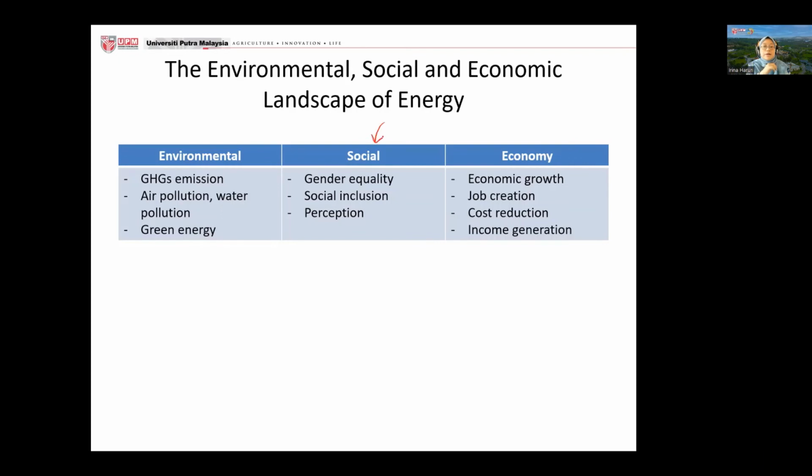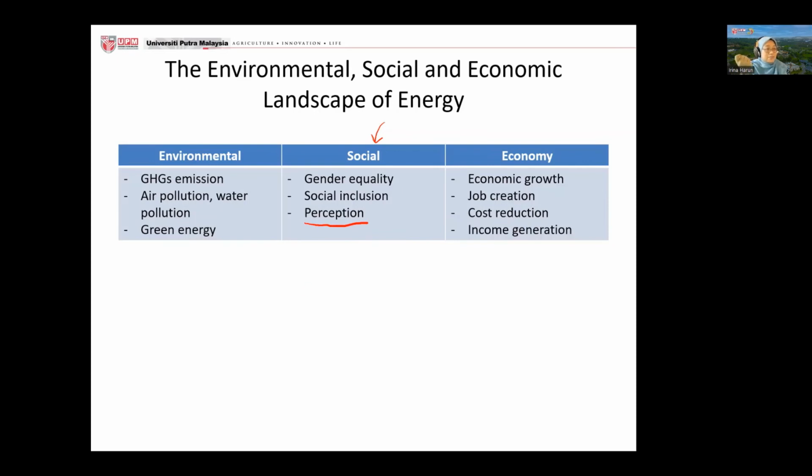But especially in terms of social and economy. Social, we look at perception. If just now I talked about knowledge, the behavior of people. Okay. If the perception is that electricity is cheap, electricity is non-polluting, then people will not change.